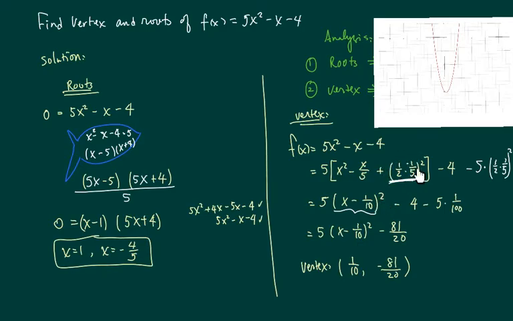Since I added something over here, I need to compensate by subtracting it out so I don't change my equal sign over here. Now, when you're compensating this white part, be careful with the 5 because the thing that I added in here is inside the bracket over here. To compensate, I need to multiply by 5 to make sure nothing changed.